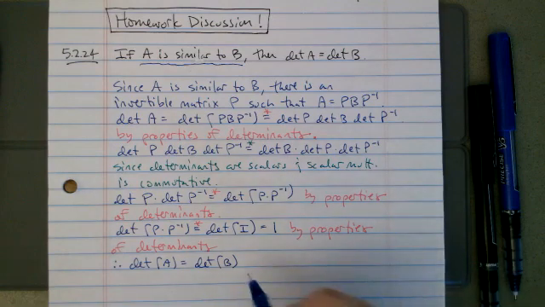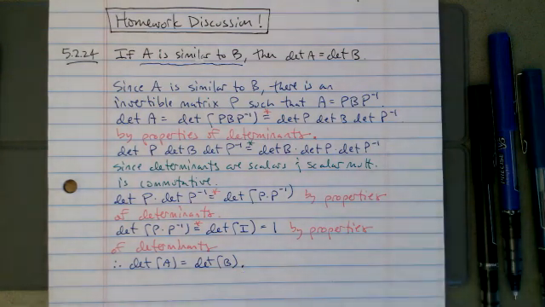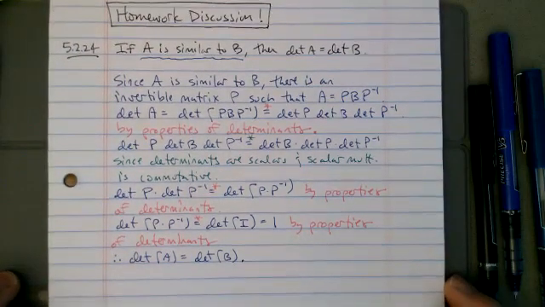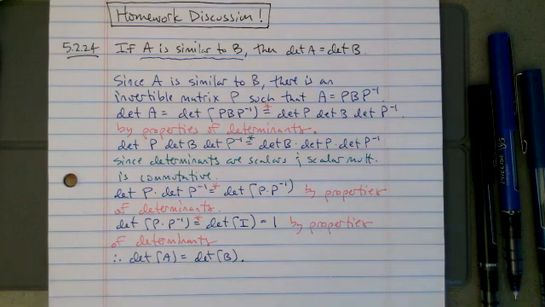Any questions? So the way that this particular proof works, we're given that A is similar to B, so we have to write down what that means. Then the question is about determinants, so we should take the determinant of everything.